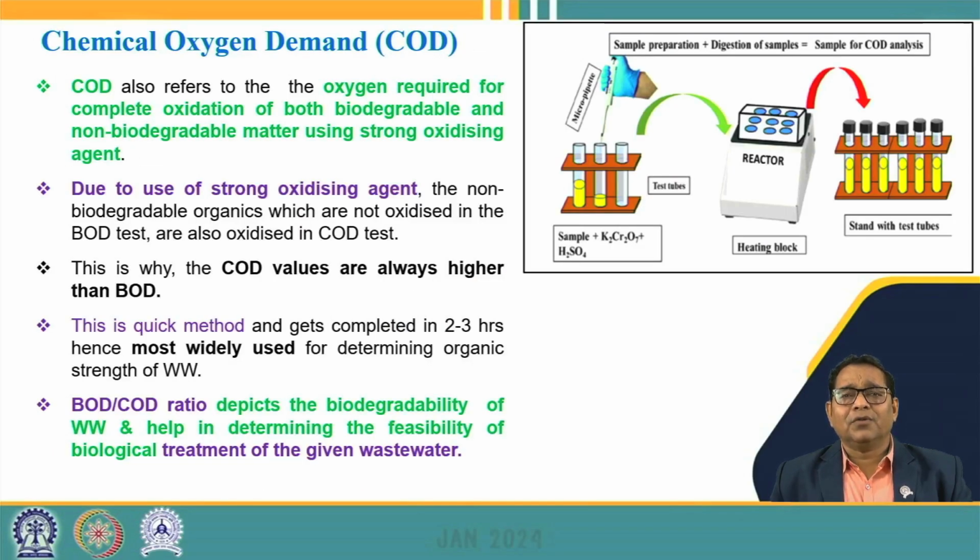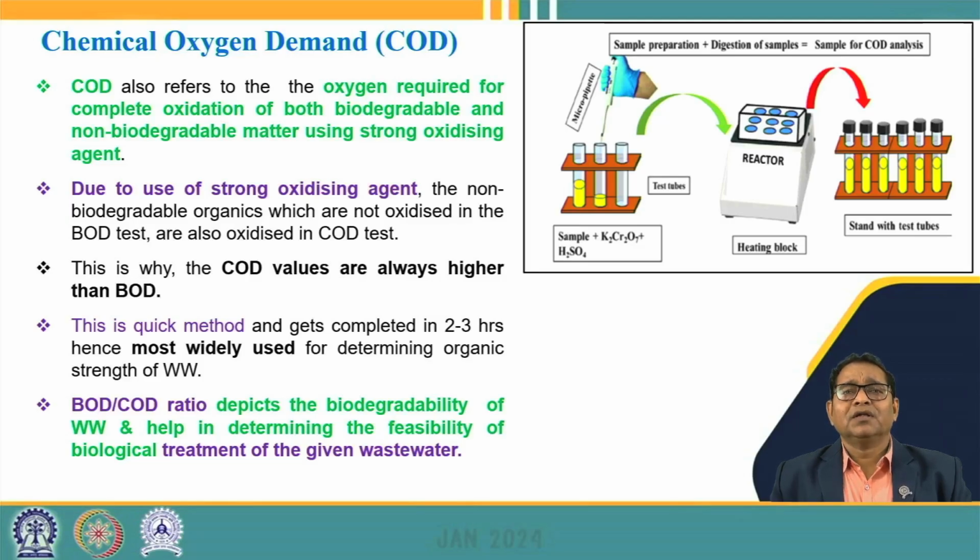Now let us talk about another important parameter of industrial wastewater, which is chemical oxygen demand. As we have seen, biological oxygen demand is mediated through microorganisms, but this test involves strong chemical oxidizing agents that complete the oxidation of organic matter, whether biodegradable or non-biodegradable.